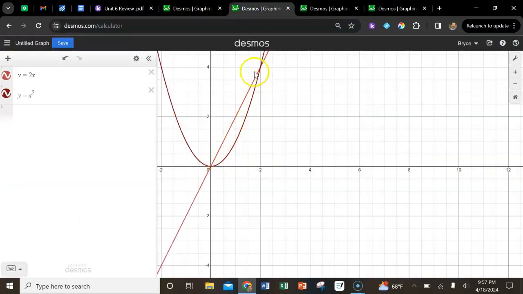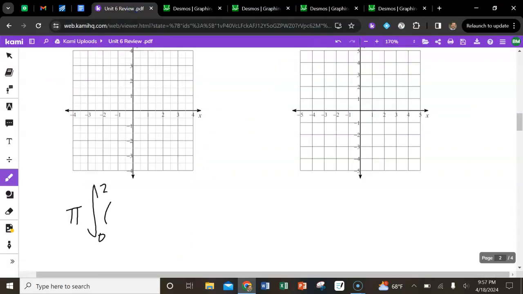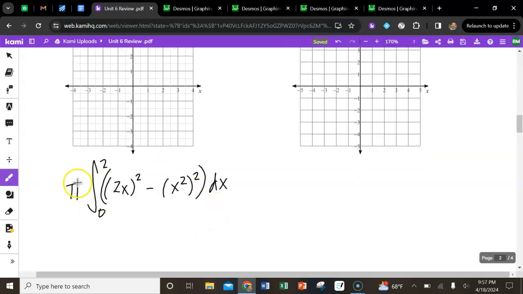The function on top was 2x. So that means we're going to do the outside radius squared minus the inside radius, which was x squared, and then we just do all of that dx. At that point in time, you could plug that into the calculator. Remember, don't plug in pi, plug in all of this into the calculator. That will give you the answer, and then multiply by pi.